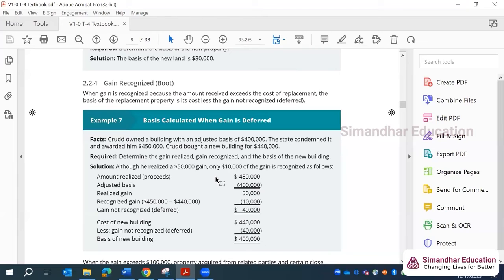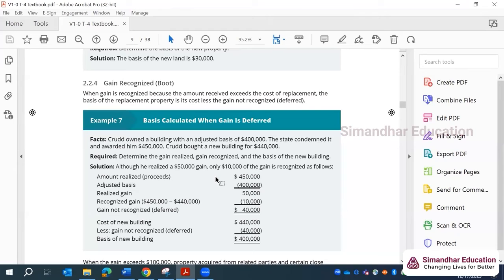So if he had an adjusted basis of $400,000 and he was awarded only $300,000, is this a gain event or a loss event for him? Did he realize a gain or a loss? So he has a loss of $100,000.